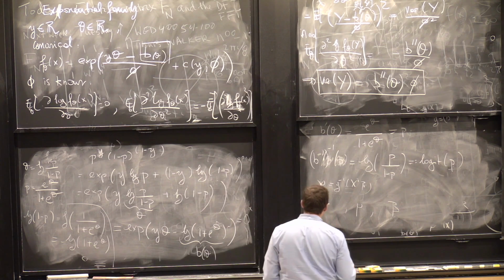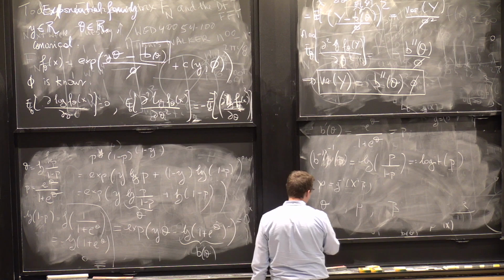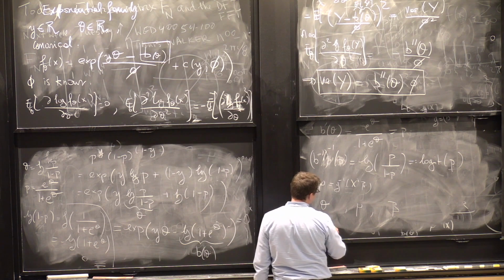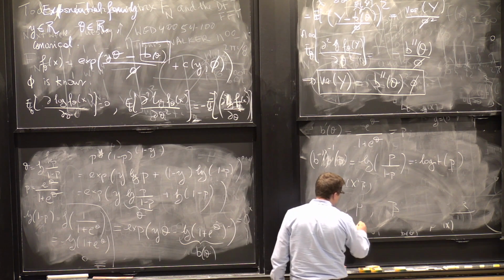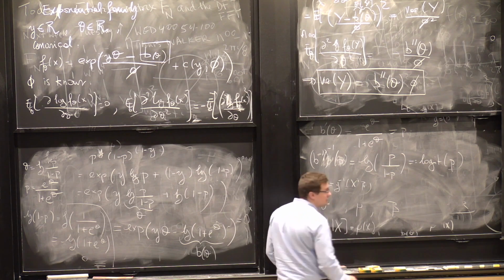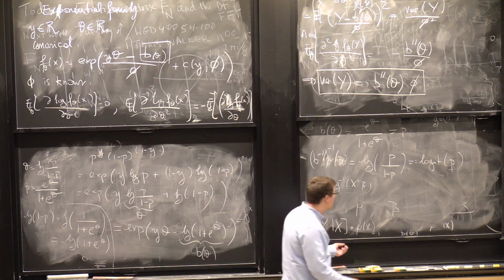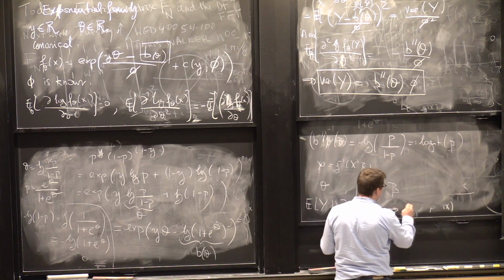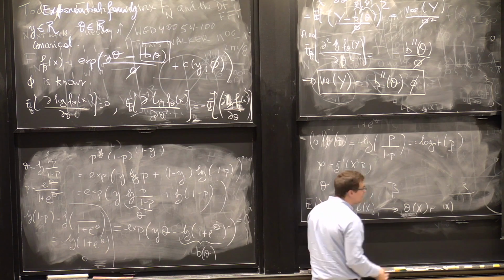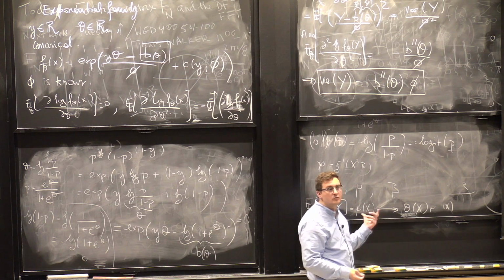What we said is that the expectation of y given x is mu of x. OK, so if I estimate mu, I know the conditional expectation of y given x, which definitely gives me theta of x, right? How do I go from mu of x to theta of x?